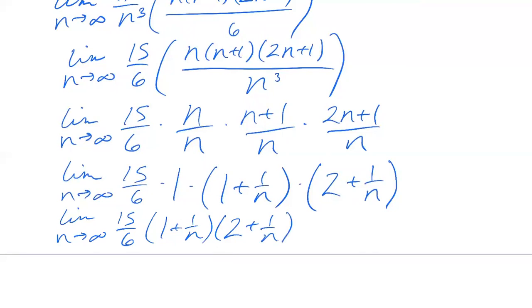We know when we look at a limit that goes to infinity that 1 over n goes to 0. So for our final statement here, this becomes 15 over 6 times 1 times 2, and that is better known as 15 over 3, which is 5.